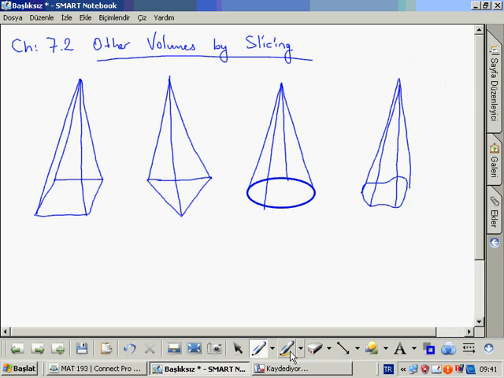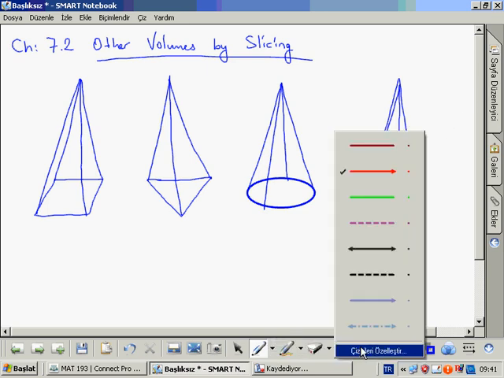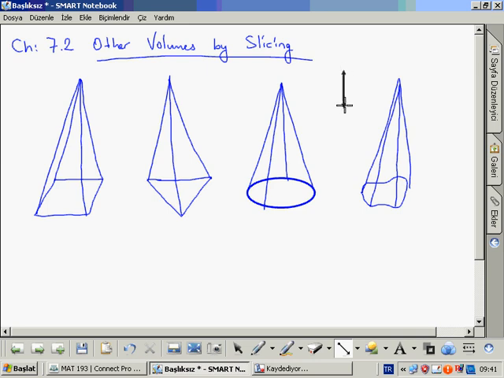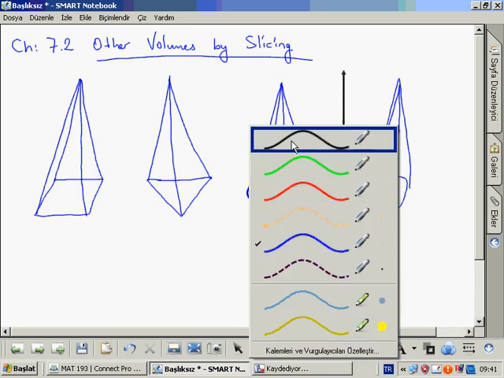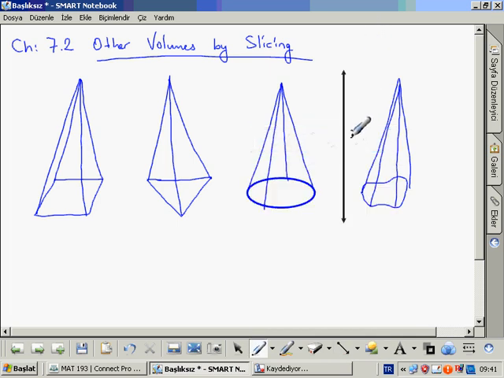As you see, all of these cones or pyramids have heights, and all of them have a base area like that.